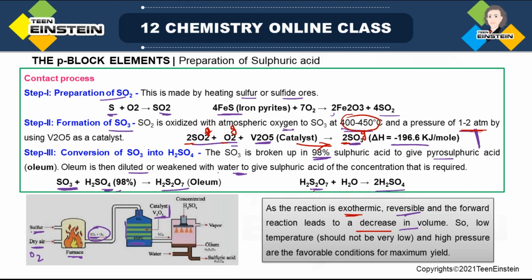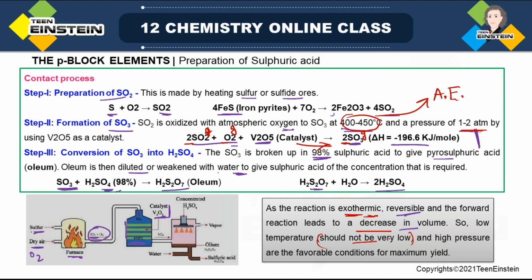That means the system should now move towards backward direction, towards the starting material. But that is obviously not desired. But still we are applying high temperature. Why is it so? It is because you have to provide the required activation energy. So though we are saying that it is exothermic, to overcome the activation energy, we have to provide this temperature. So that is why in bracket it is mentioned, it is low, but should not be very low.